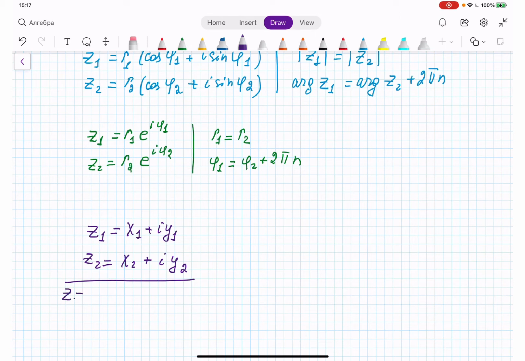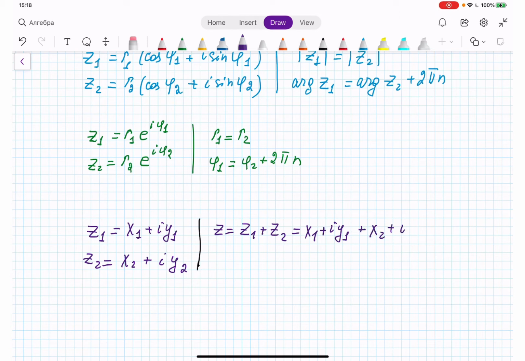z is equal, okay, let me write it this way. z is equal to z1 plus z2, and this is equal to x1 plus i y1 plus x2 plus i y2.